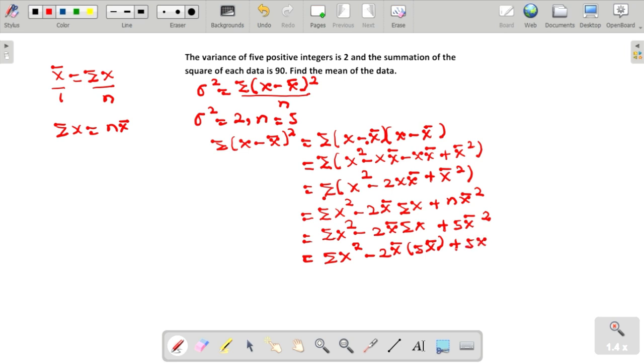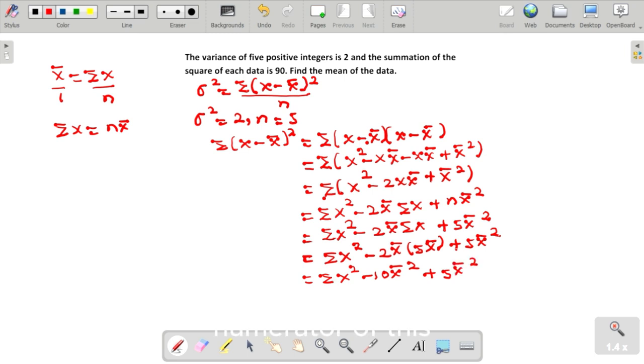5 x bar square. Now remember, 2 times 5 is 10, then x bar times x bar is x bar square. So this becomes summation x square minus 10 x bar square plus 5 x bar square.